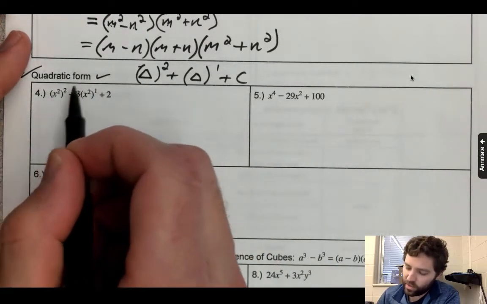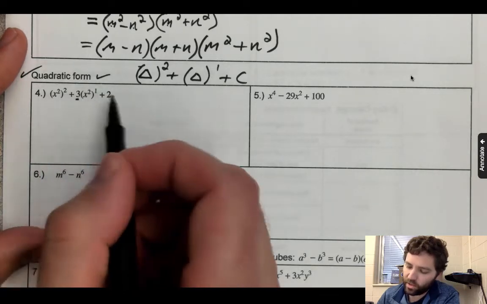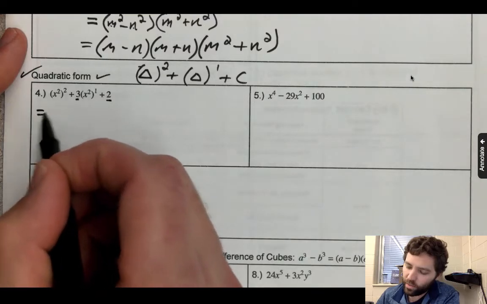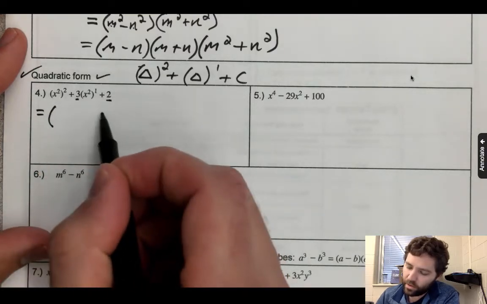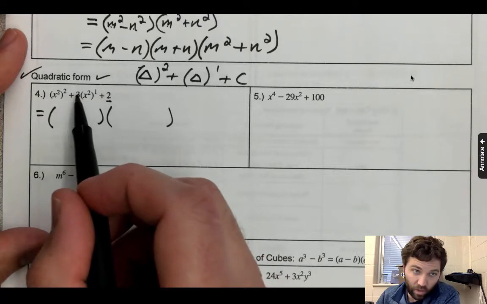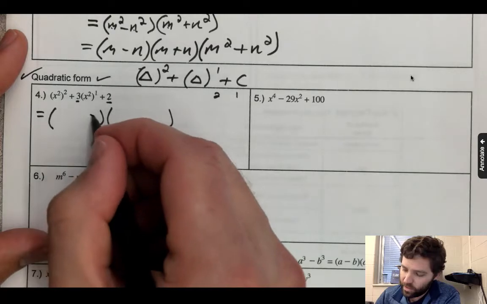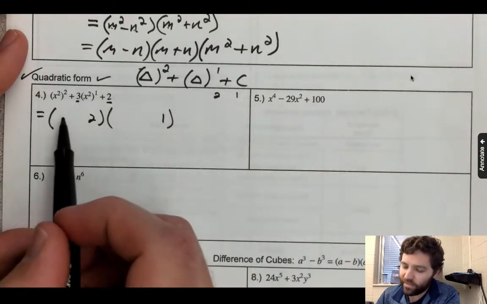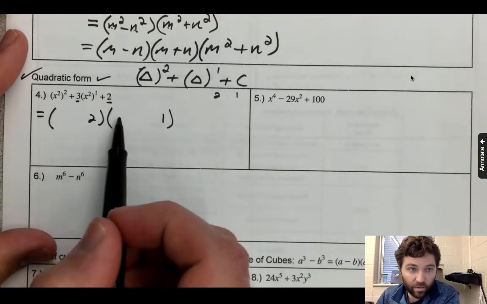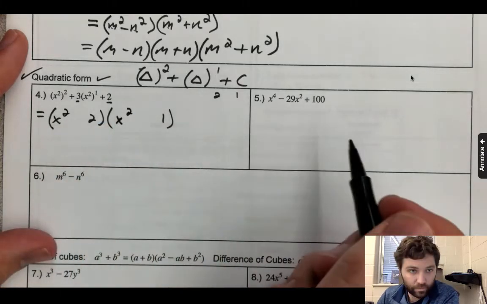So we have x squared, squared, plus 3x squared to the 1 plus 2. So I look at the 3 and the 2. If I'm going to break this up, I need numbers that multiply to give me 2 and combine to give me 3. Well, the only factors of 2 are 2 and 1. And so it's got to be 2 and 1. But instead of having x here and x here, we're going to have x squared here and x squared here.